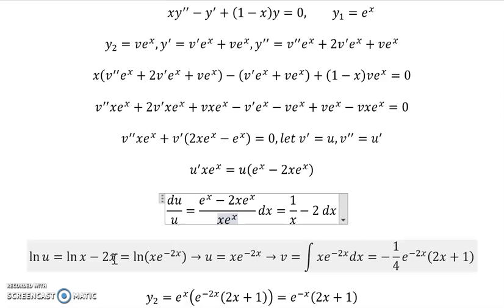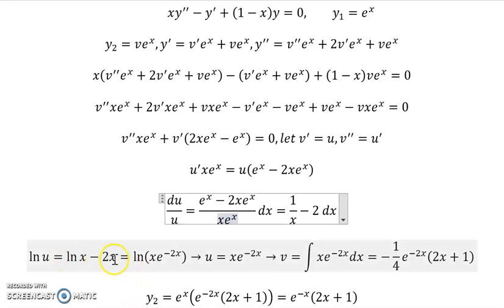Now, because we're going to multiply this by another function, we don't have to worry about the constant, because the constant is just going to show up in the other part of the problem. It's going to be accounted for, essentially, by the original y1. So you don't have to worry about the plus c here.